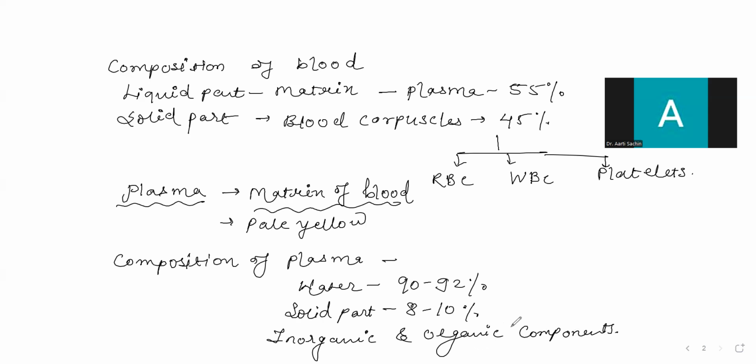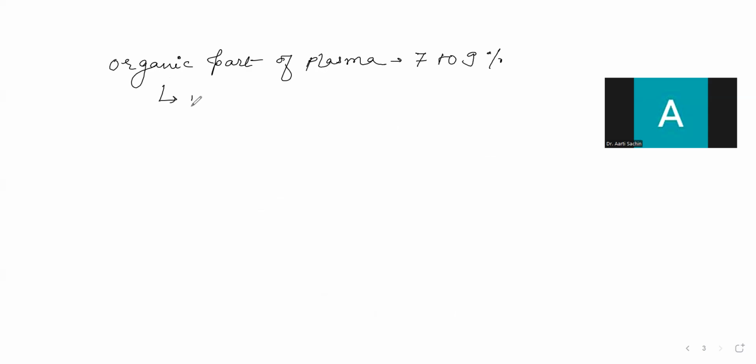Now see the organic part of the plasma, which is 7 to 9%. Very first we observe the proteins. Protein is 6 to 7% at maximum.